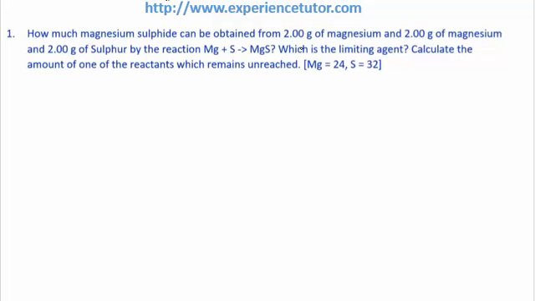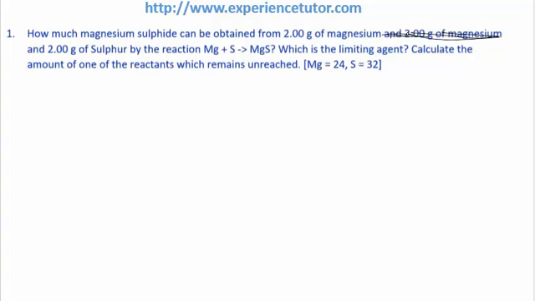Here there is some mistake in the problem, this is written incorrectly. So first we will convert these masses into mole.